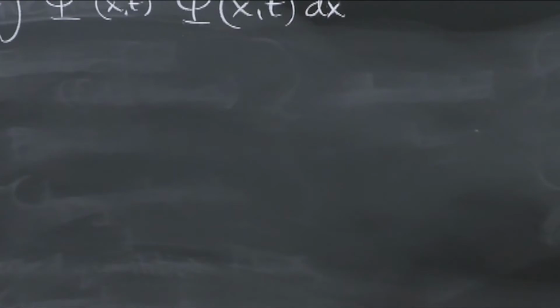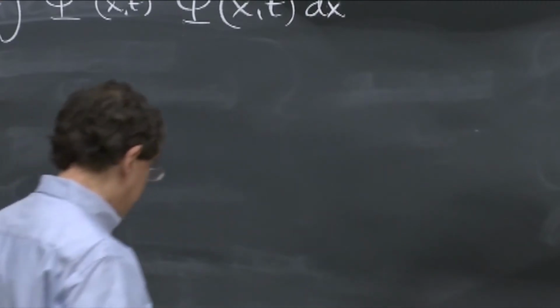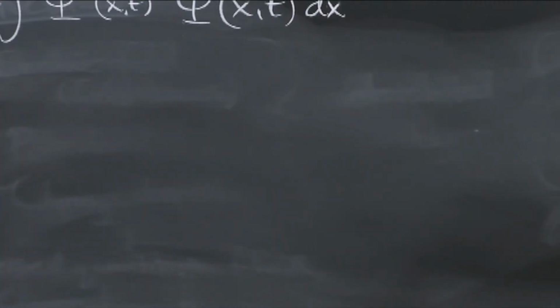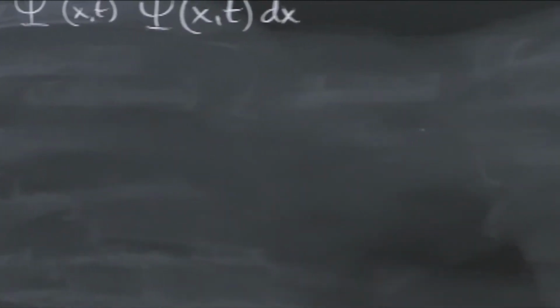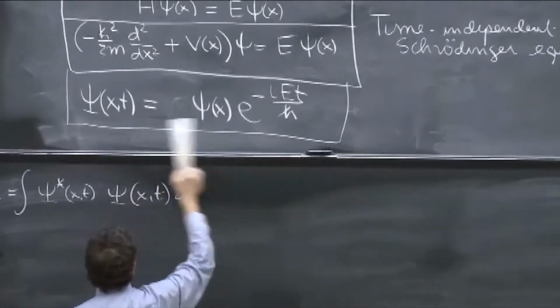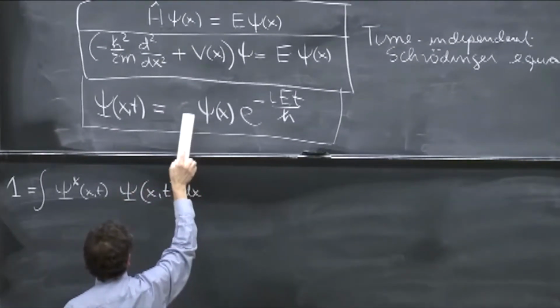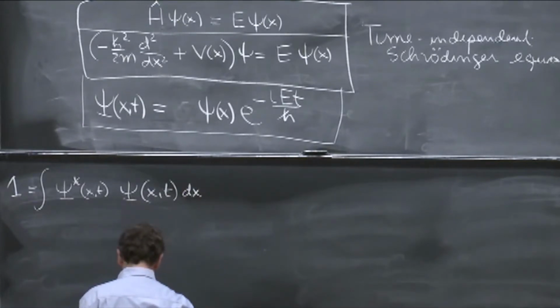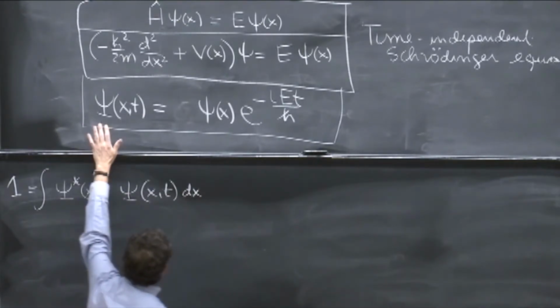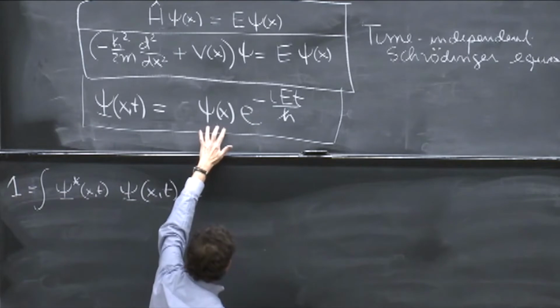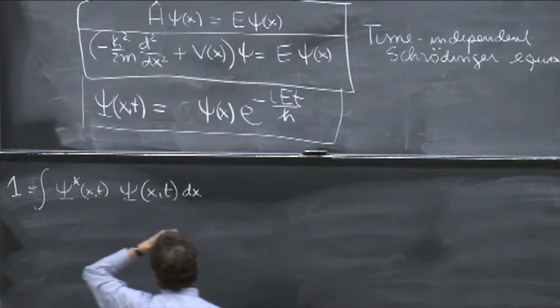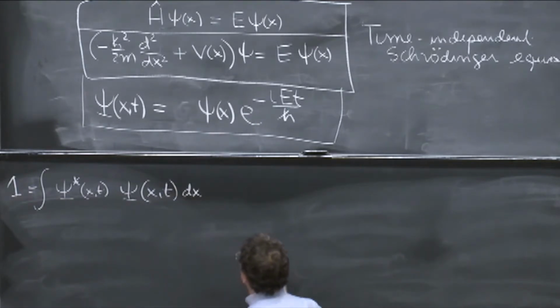Let's see what we get here. Sorry, I'm going to erase that constant c here, because since we want to normalize this, we will think of this as a normalization of little psi, as you will see. There's no need to put that constant there.